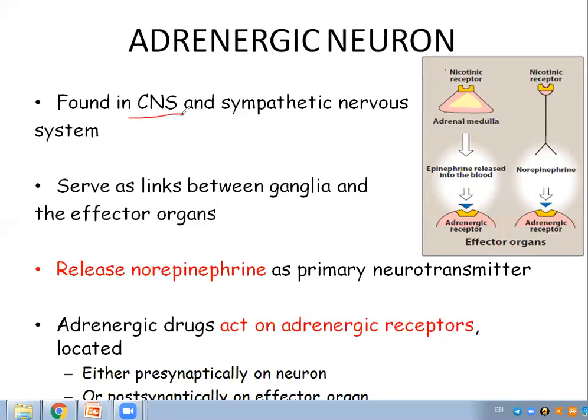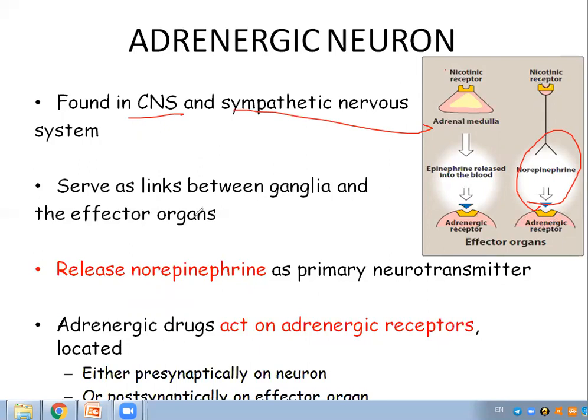It is found in the central nervous system as well as in the sympathetic nervous system. And it serves as a link between the ganglia and the effector organs.